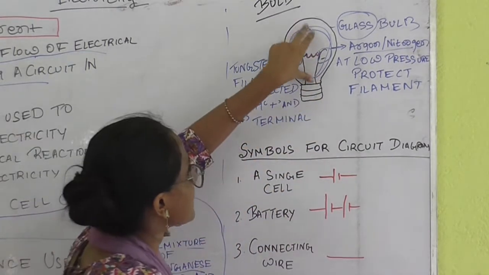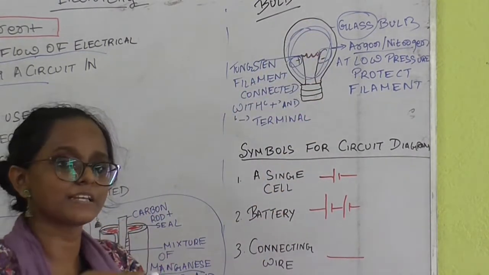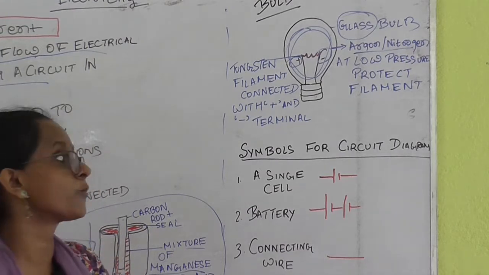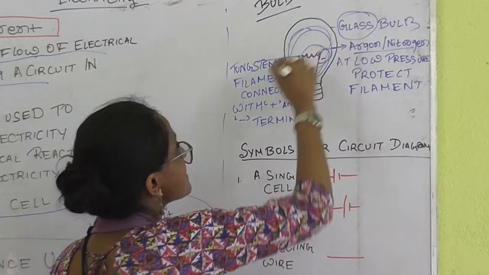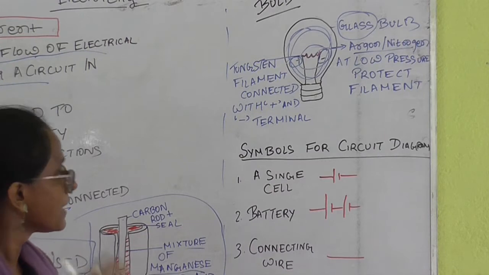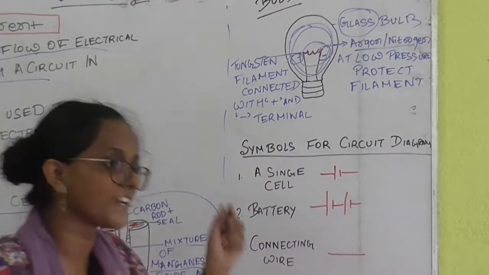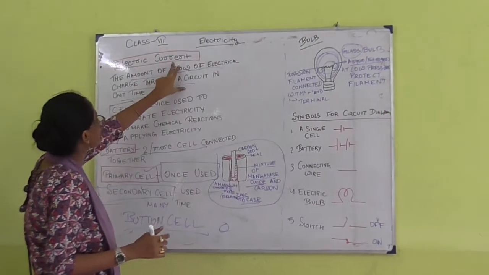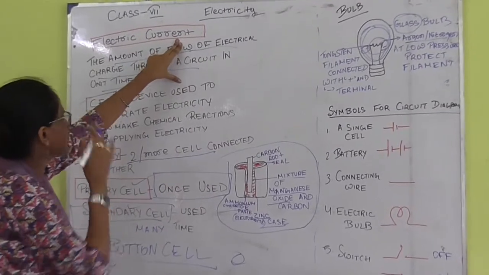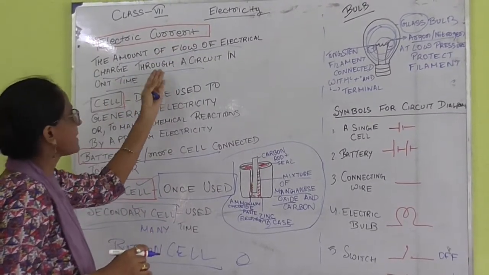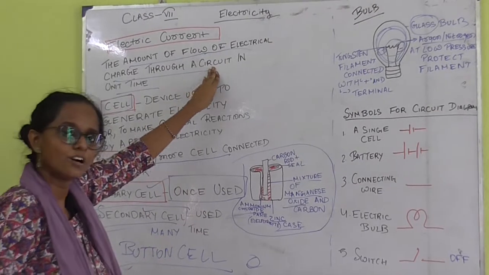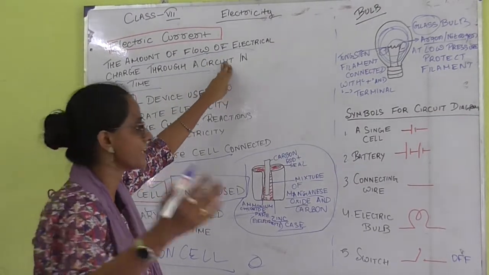The argon and the nitrogen are put in that glass case at low pressure in order to protect this filament. We have learned previously that the electrical charge is carried by the circuit.